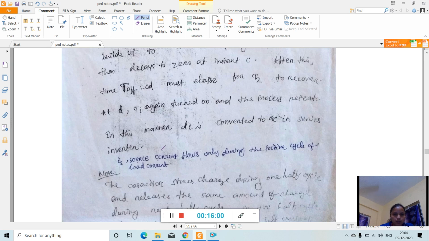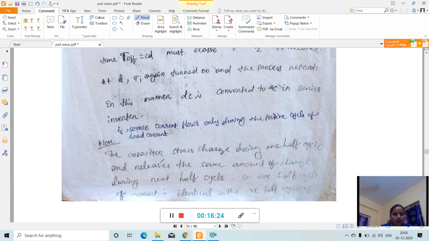Here Is is the source current, which flows only during the positive half cycle of the load current, because in the negative cycle of the load current T1 will not conduct, only T2 is conducted, and when T2 is conducted, it is totally separated from the source. One note point is that the capacitor stores charge during one half cycle and releases the same amount of charge during the next half cycle of the output current waveform. So the positive half cycle of the current is identical with the negative half cycle of the output current waveform.